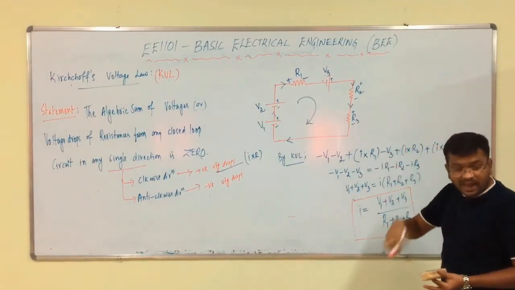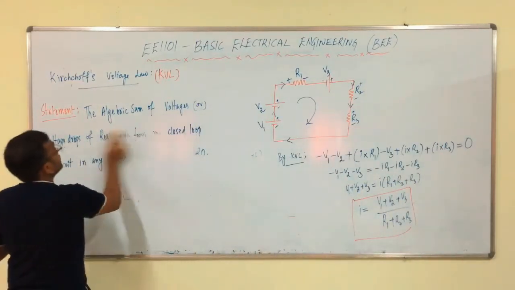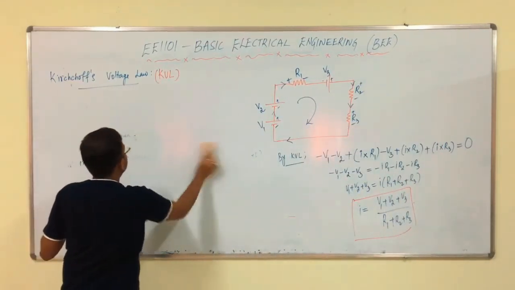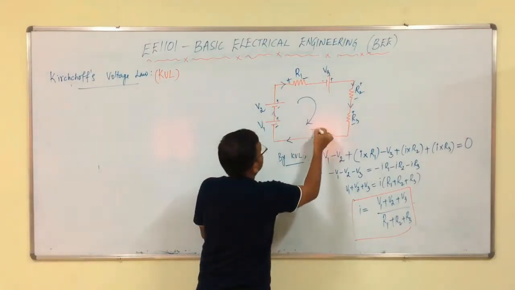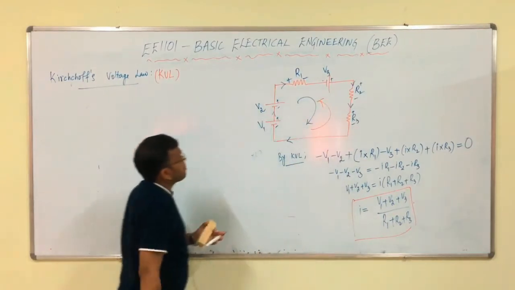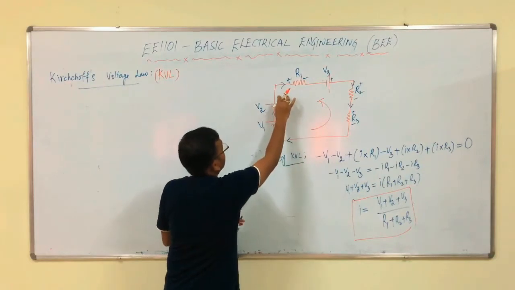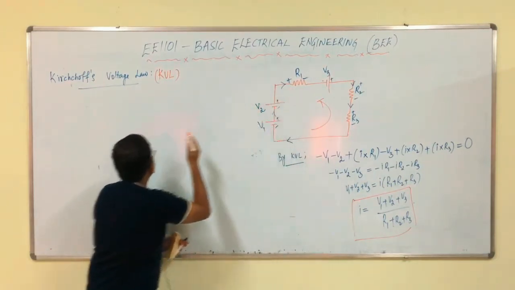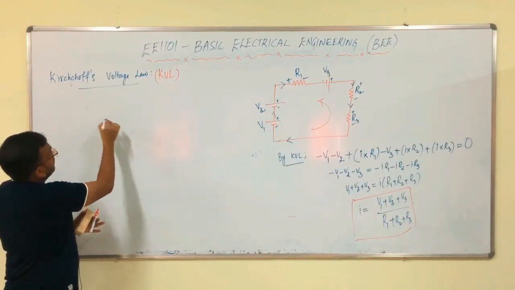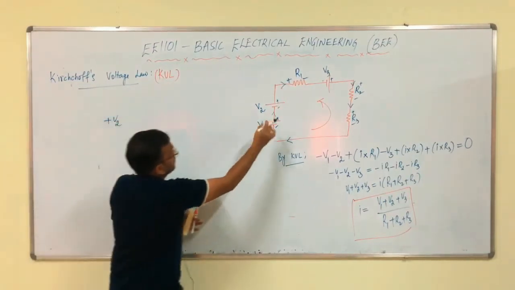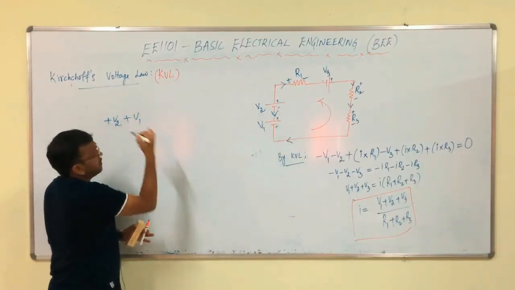Now, we consider anti-clockwise direction, then calculate the value of current. For anti-clockwise, starting from here, positive to negative, no? That is plus V2. Next from here, positive to negative, plus V1.